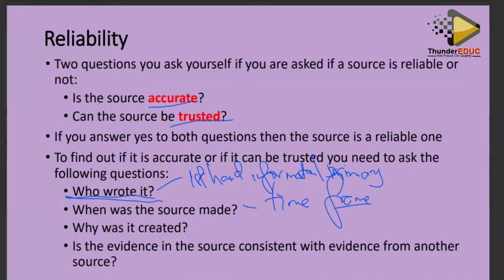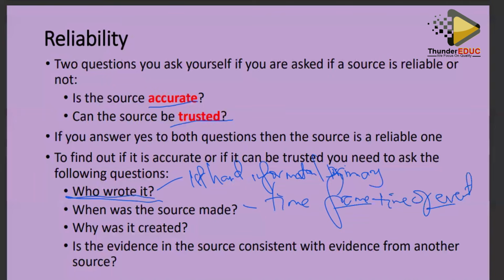Sources which were made at the time of the event are more reliable. If they were made at the time of the event, we are talking of the Sharpeville massacre, and the source was written in 1960 in August. That source is more reliable because its time frame is coinciding with the historical event.